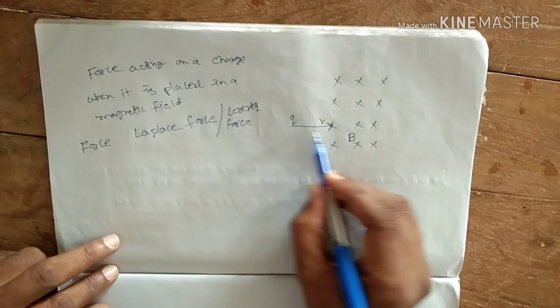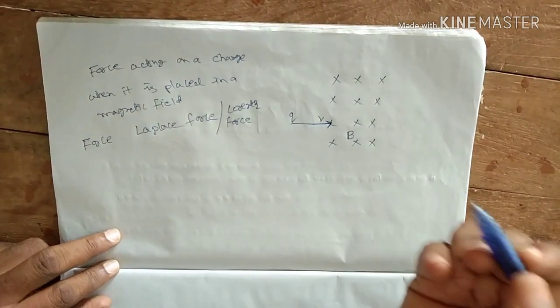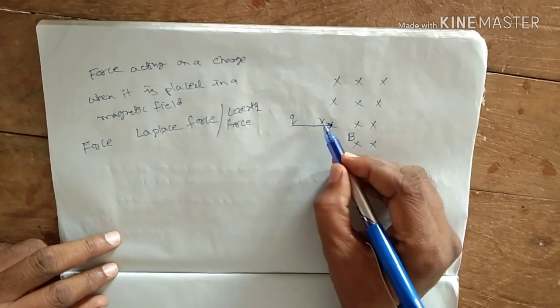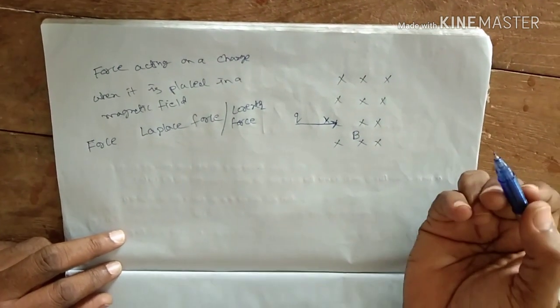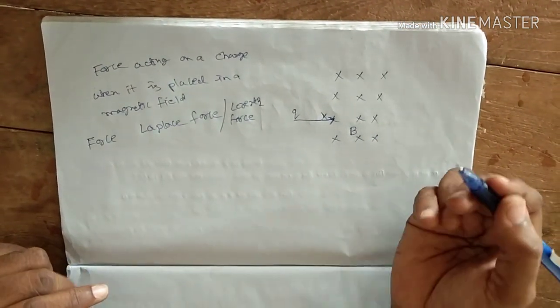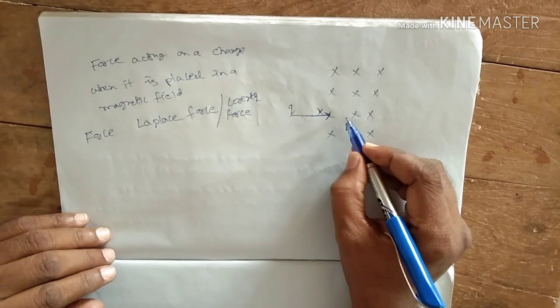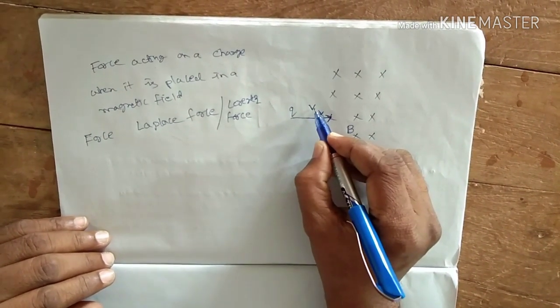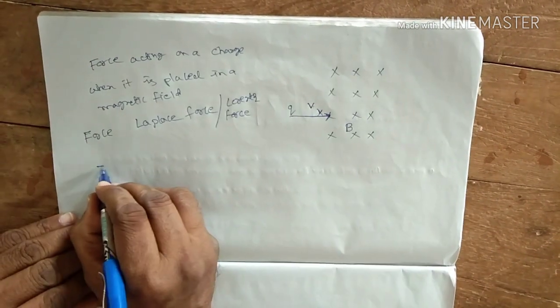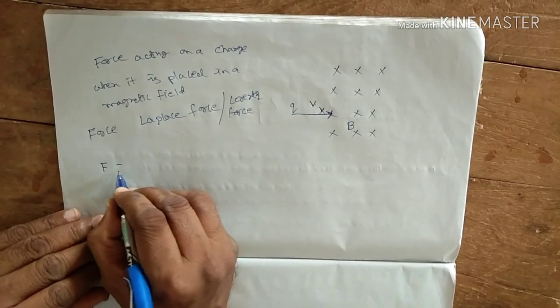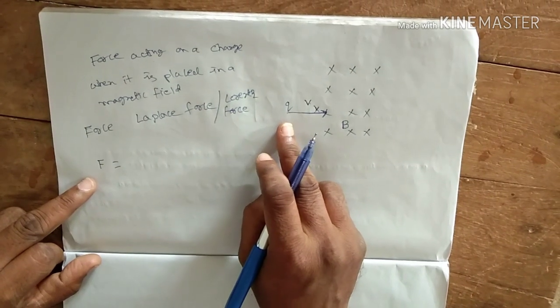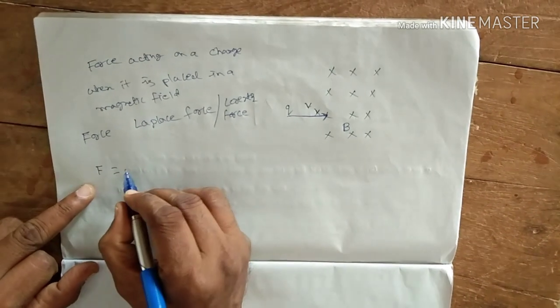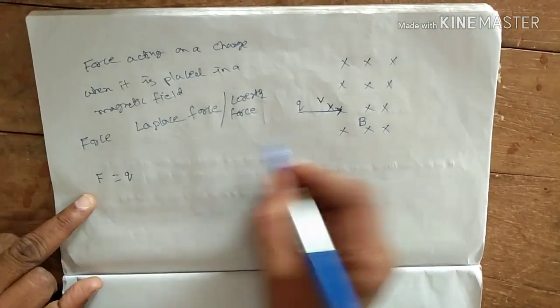Let us suppose a charge Q is moving in this direction in a magnetic field. We pretty much know that a charge always flows, so it has some velocity v. Then the net force acting on this current carrying conductor or charge Q is nothing but the product of its charge Q and its velocity v.